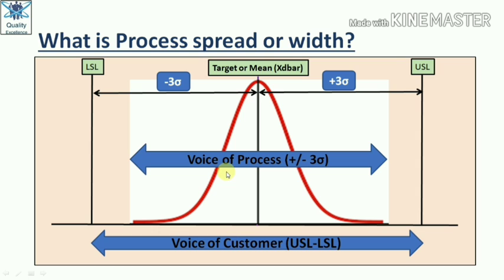And this is our process width, which is also known as the voice of process, and which is normally plus or minus 3 sigma from the target value. If this is the target value, this side it will be minus 3 sigma, and on this side it will be plus 3 sigma. So this is our process spread or process width, which is 6 sigma.